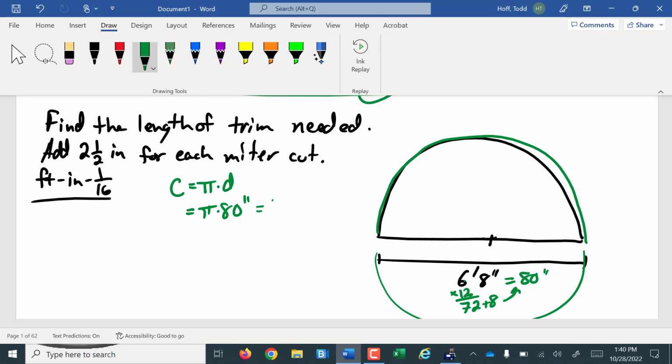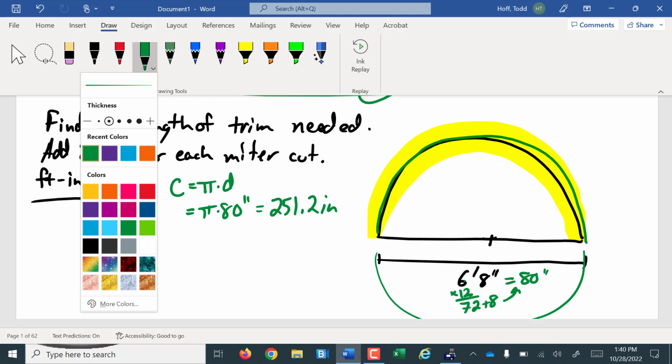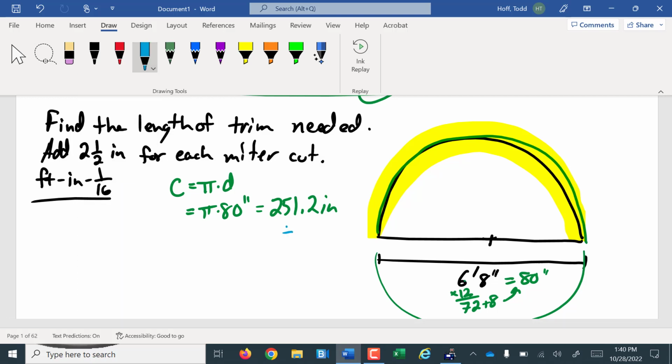Pi times 80 inches is what? 251.2, I believe, inches. But we only want this much of it. So what do we have to do? Divide by 2. Good. We divide that by 2 to get 125.6 inches. So that's the highlighted part.